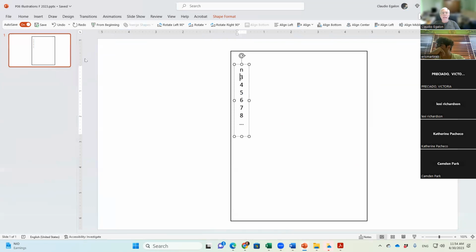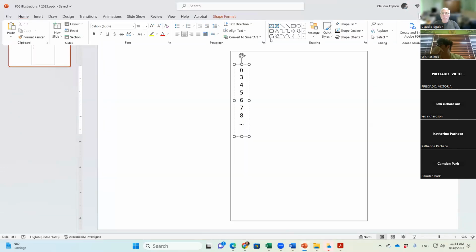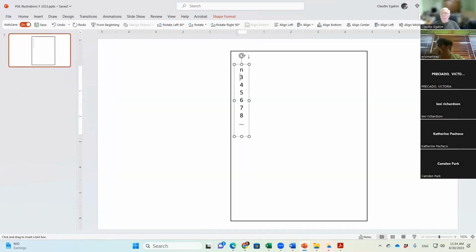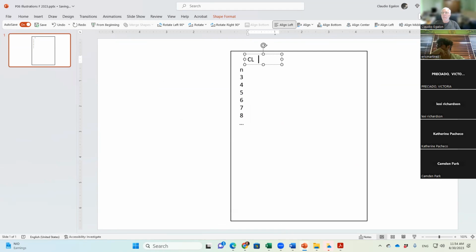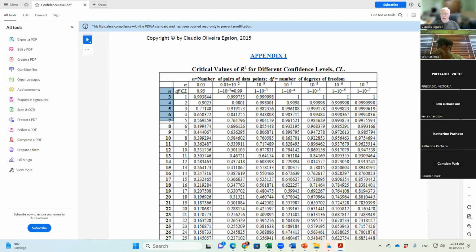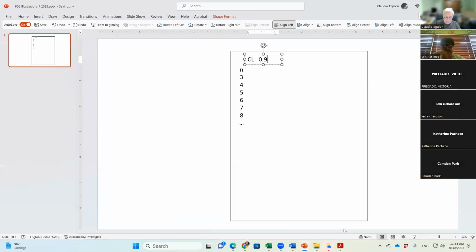And in the horizontal direction was the other one, right? It's right in here. CL. CL is 0.95, right? And then you have 0.99.